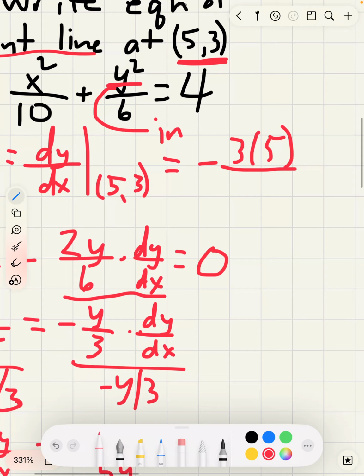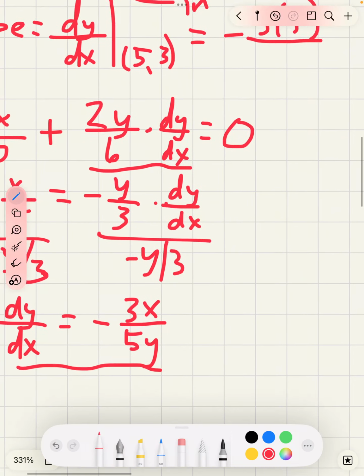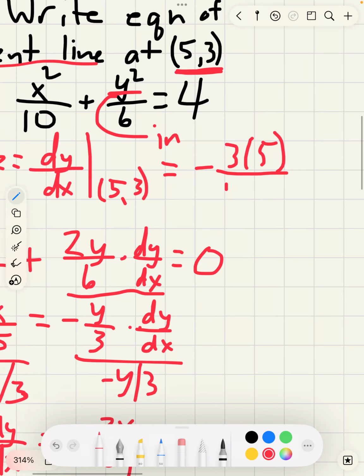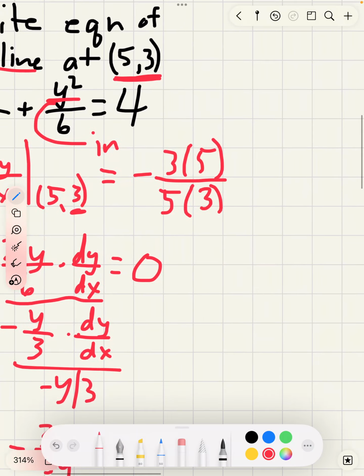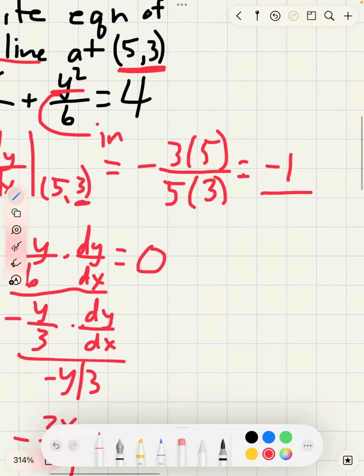Divided by 5y, so 5 times 3. 3 is the y coordinate from the point that they gave me. That's the one that comes second. And then when I multiply this out, I just see 15 over 15, well, with a negative in front. So this is negative 1. So the slope of my tangent line is negative 1. Or the slope of the ellipse at that point is negative 1.